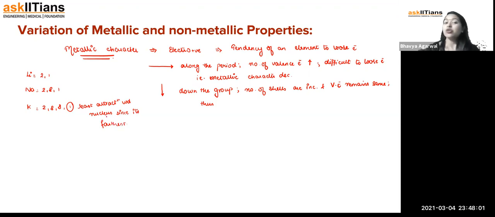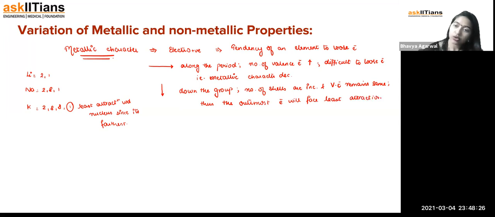Agreed? So when you talk about down the group, the number of shells are increasing and the valence electrons remain the same. So the outermost electron will face the least attraction towards the nucleus, since it is farthest.